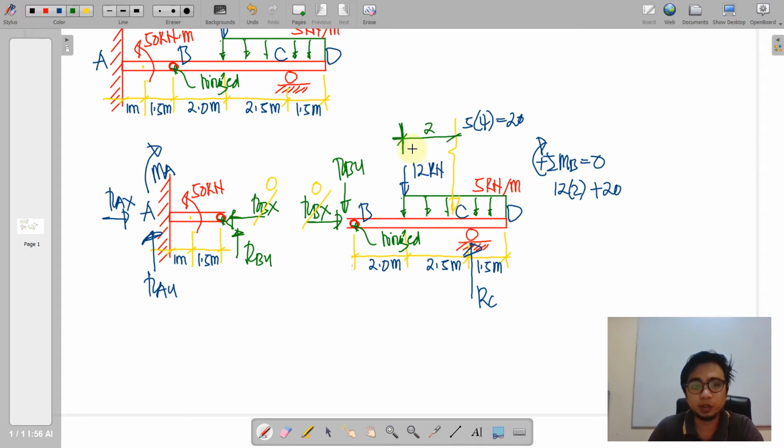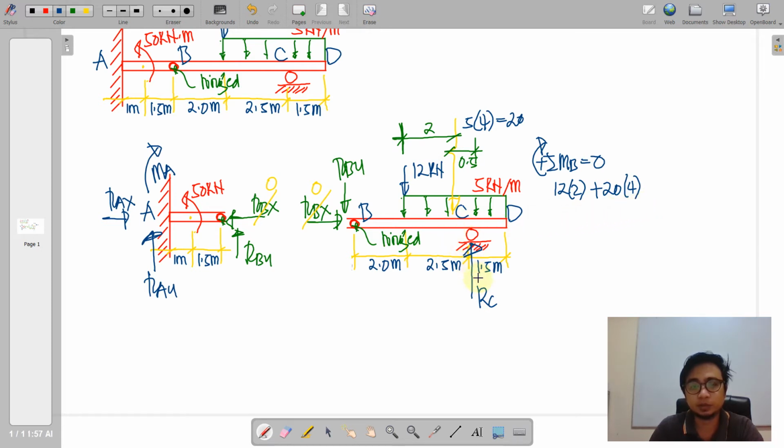So basically we know that this is 2 because that is the half of 4, and then this distance here is the excess from that of the 2.5. So the moment arm of 20 from B is 2 plus 2, that is equal to 4.